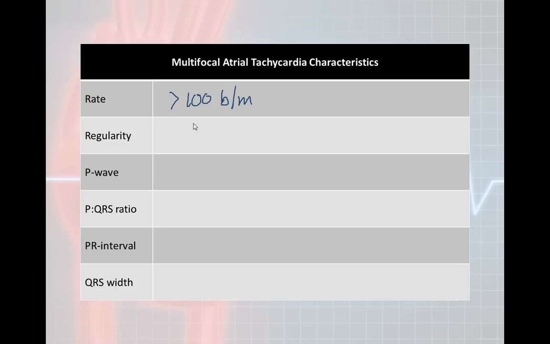The regularity is going to be irregular. Normally it is considered irregular, but it could be regular as well. It could be, so it can be either one. The P wave itself, once again, it's going to be present and married. But what are we going to have? 3 different morphologies, at least 3.